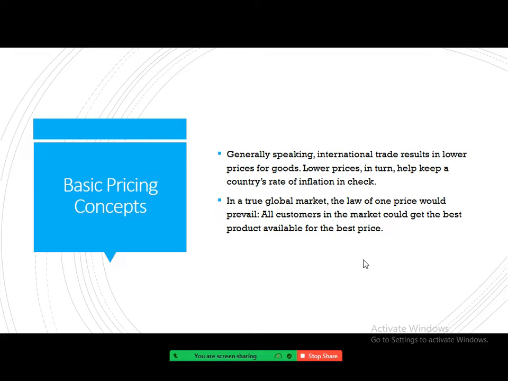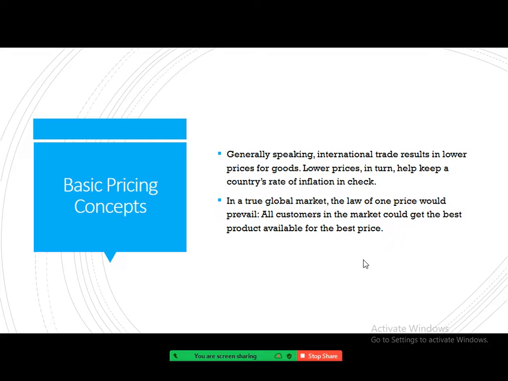For example, many companies active in the 15 nations of the Eurozone are adjusting to new cross-border transparency in prices. Similarly, the internet has made price information for many products available across the globe.